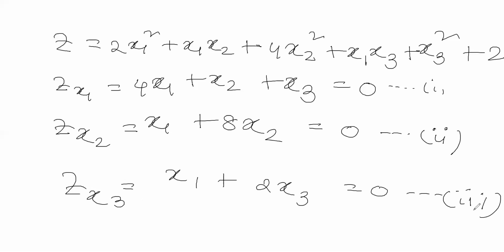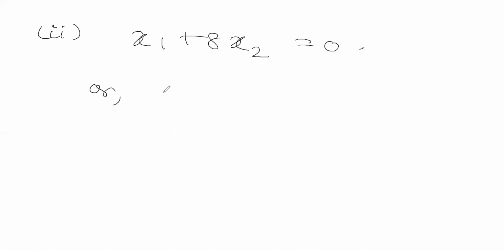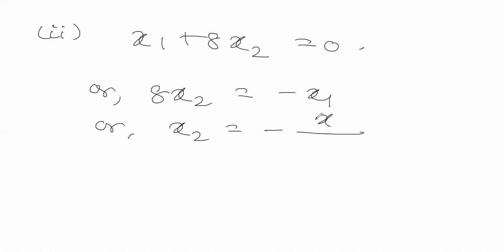Now, let's say from equation number 2, what can I write? Equation number 2 provides me with x1 plus 8x2 is equal to 0, or we can write 8x2 is equal to negative x1, or x2 is equal to negative x1 by 8. Let's say this is equation number 4.